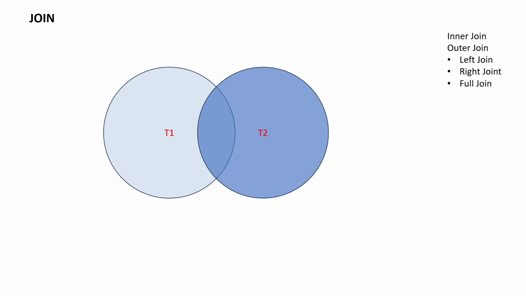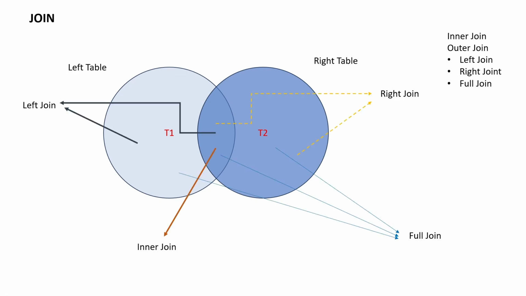So how will join work? Join has four types: inner join and outer join, where outer join is further divided into three types: left join, right join, and full join. Now how does it work? This is one of the examples I just plotted.